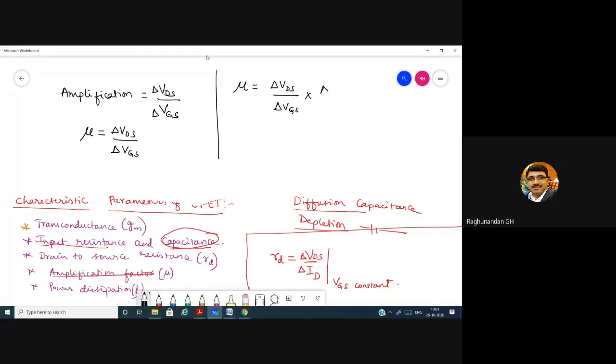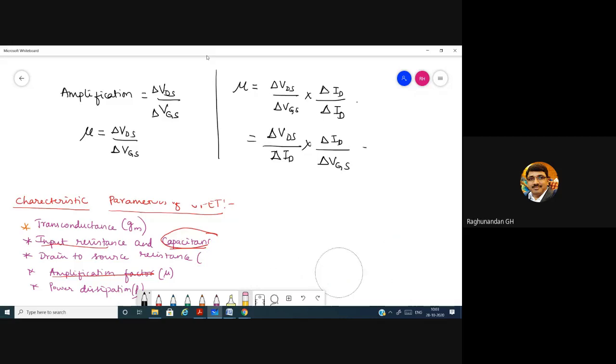I'll divide and multiply by delta ID. Now I can write delta VDS by delta ID into delta ID by delta VGS. Can I write it like this?